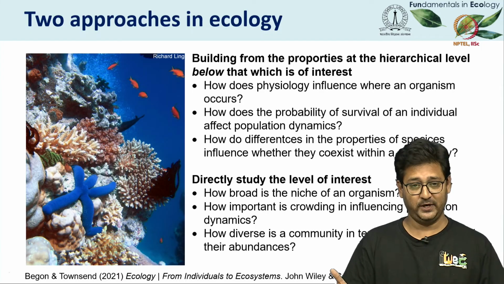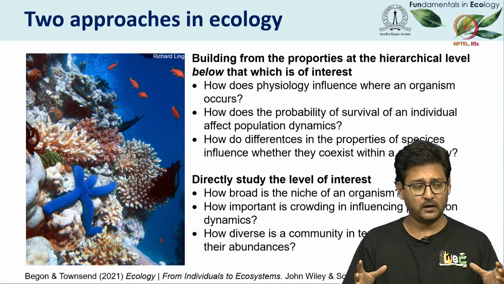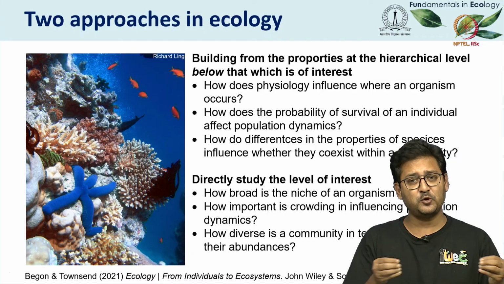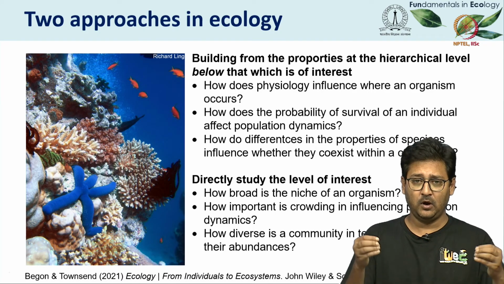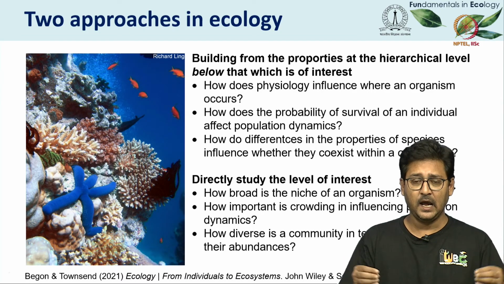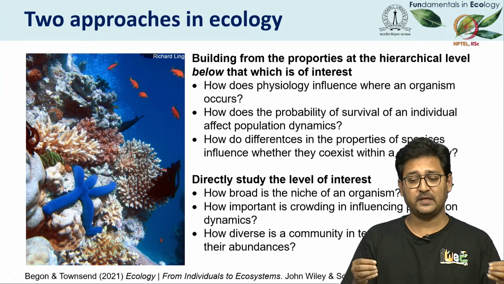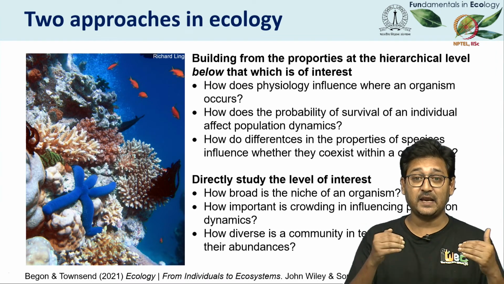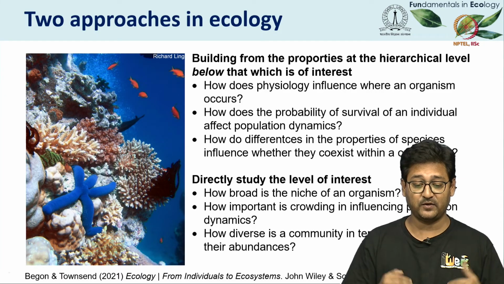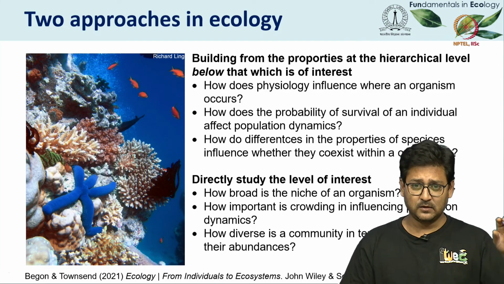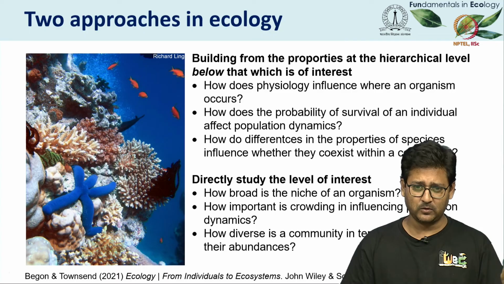Or in this community, what is the distribution of traits, for example, of species in the community, and can that influence whether the species then actually coexist as part of a community? So that's the way in which you're breaking down the question.